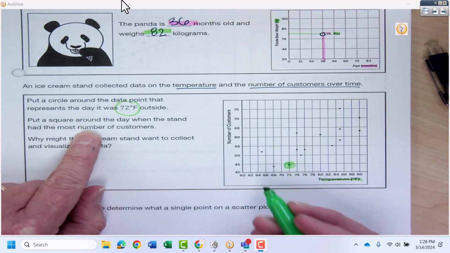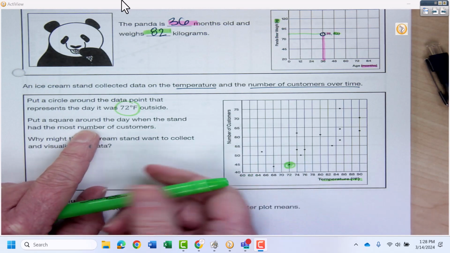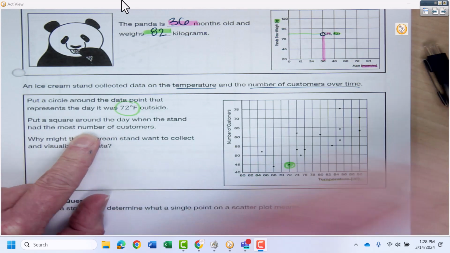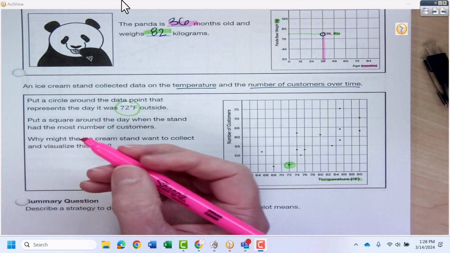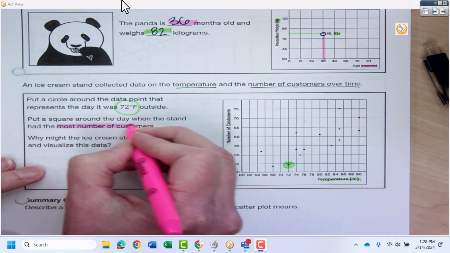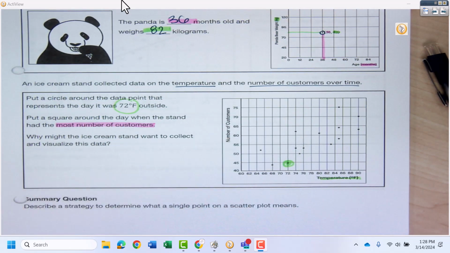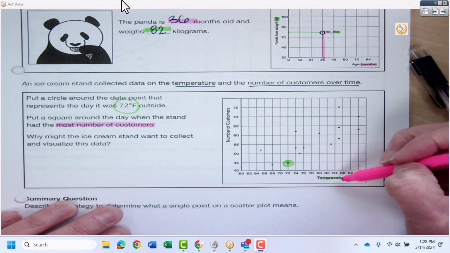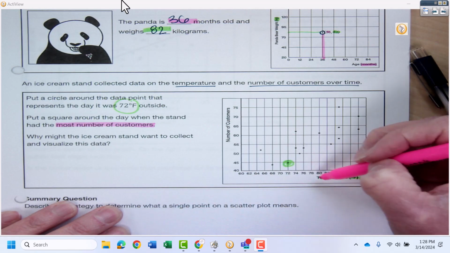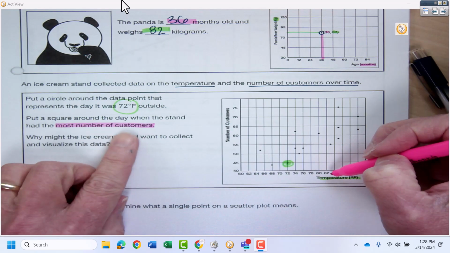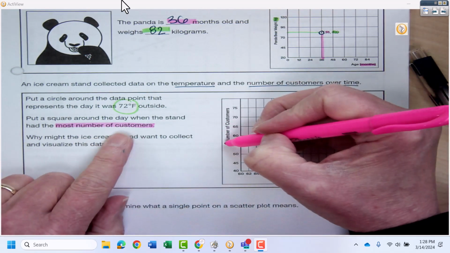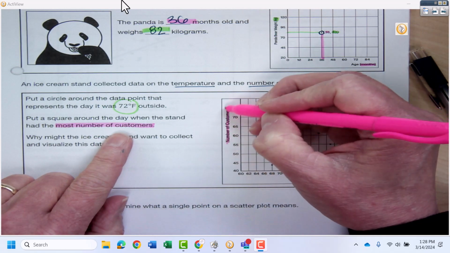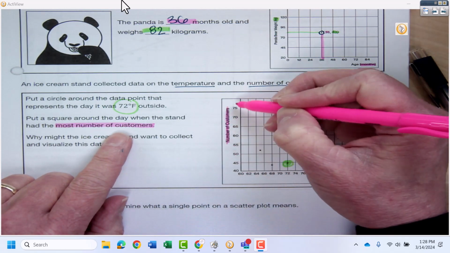Let's put a square around the day when the stand had the most number of customers. So the greatest number of customers, the highest number of customers. Again, I'm going to look at my two axes labels. This label is about temperature, so that's not what I want. If I want the number of customers, I'm going to come up on this y-axis.